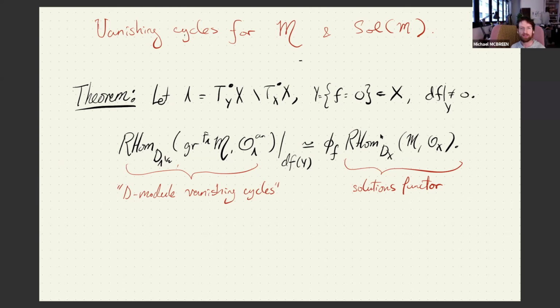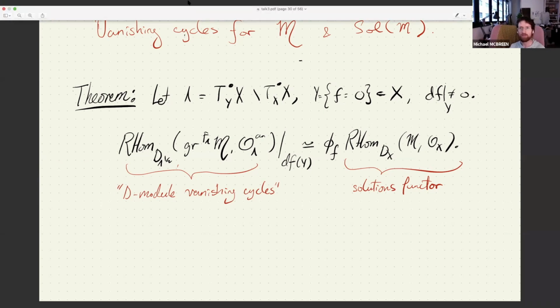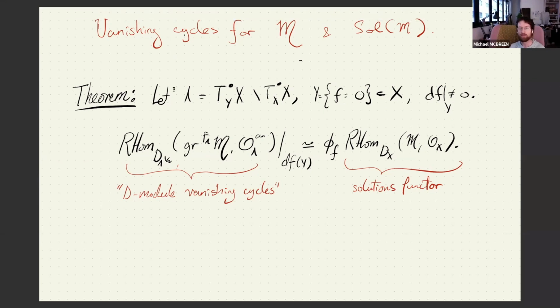So it's a slightly cumbersome equality, but all it's really telling you is that you've successfully defined a D-module version of vanishing cycles. This is the exact thing you'd want of vanishing cycles in the D-module case.